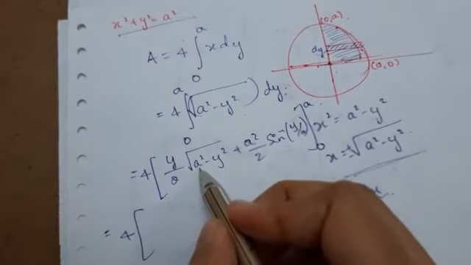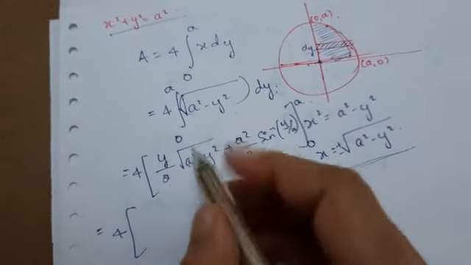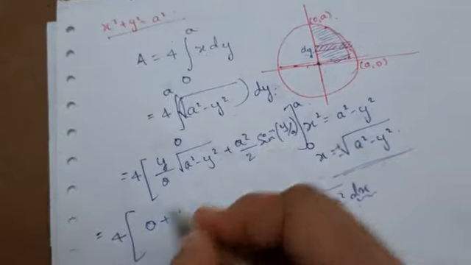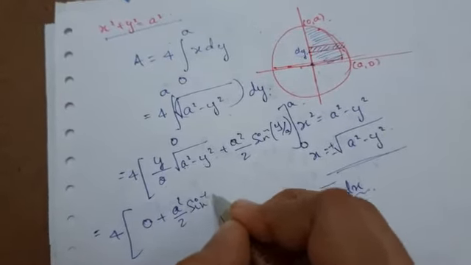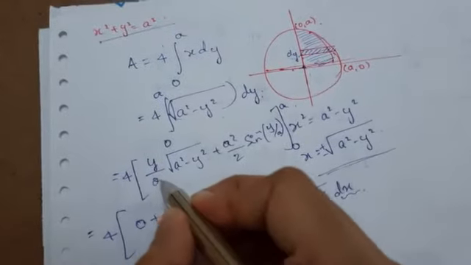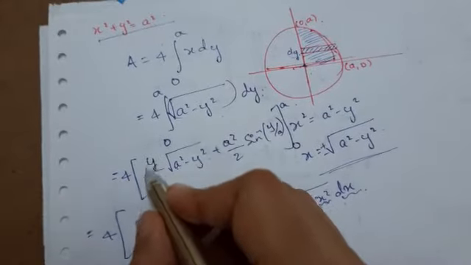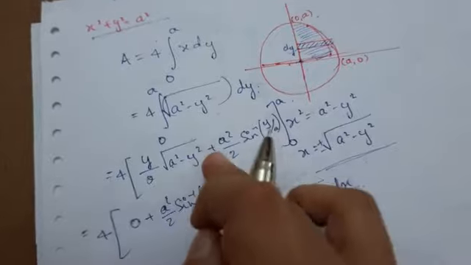Using the upper limiting value here, y by 2 square root of a square minus a square becomes 0, plus, now inputting the upper limiting value for this one, a square by 2 sine inverse of a by a, minus, now the lower limiting value. What happens if I input y is equal to 0 here? This term becomes 0. So the first term is completely 0.